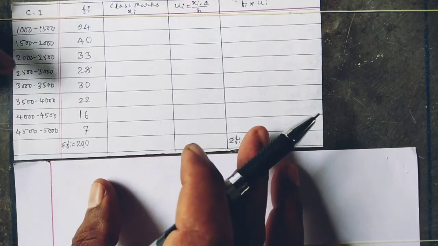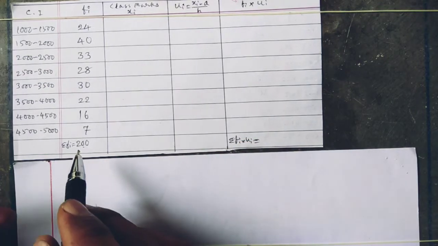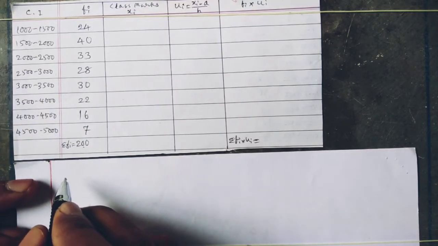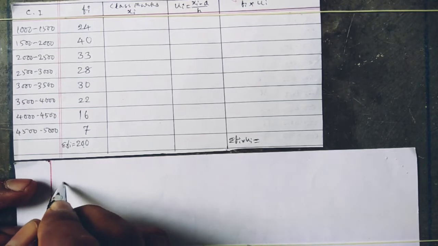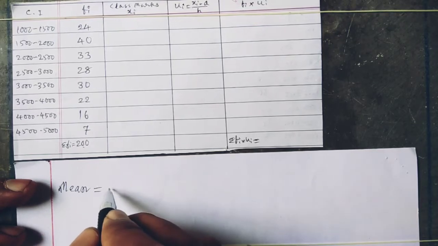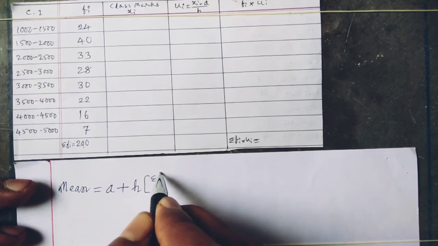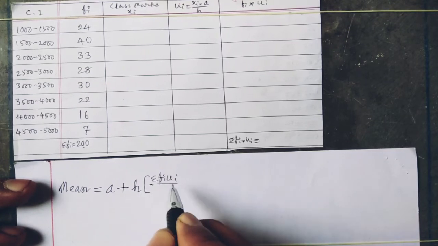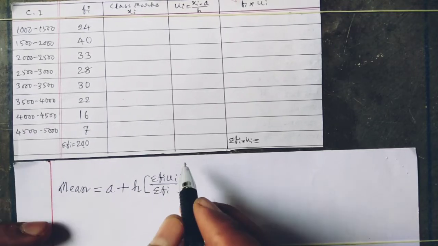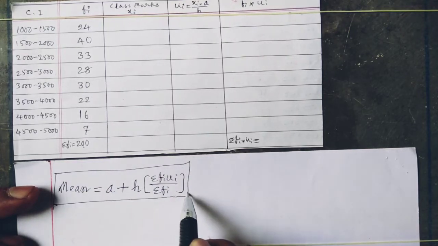For this we have to use the step deviation method, because here we have big numbers. In this method, mean is equal to a plus h into sigma fi ui by sigma fi. This is the formula to find the mean for big numbers.